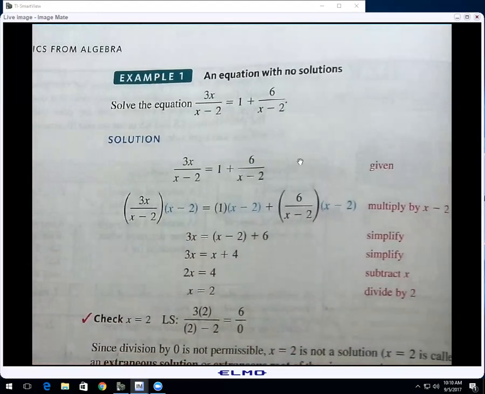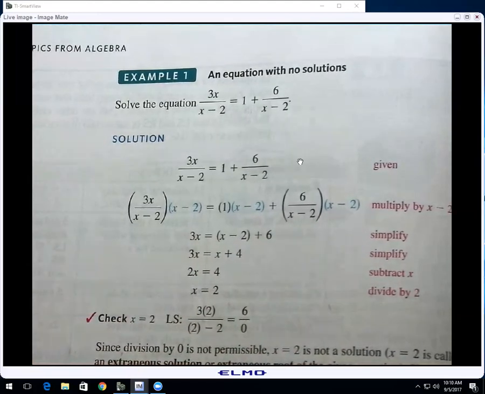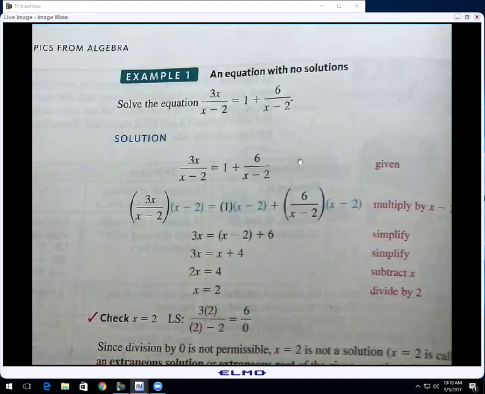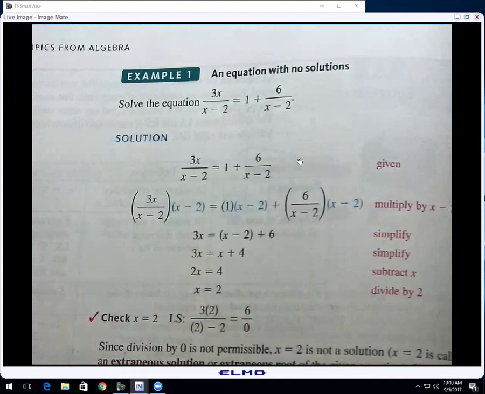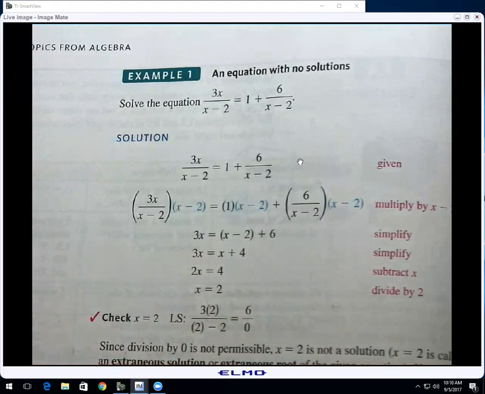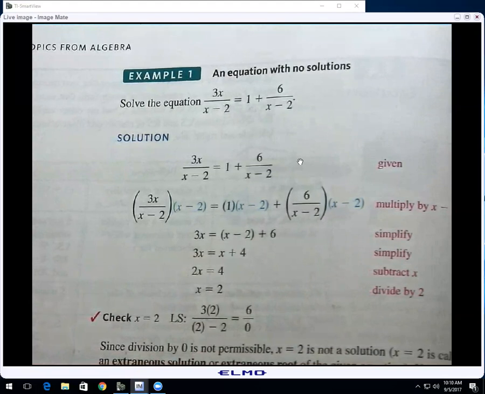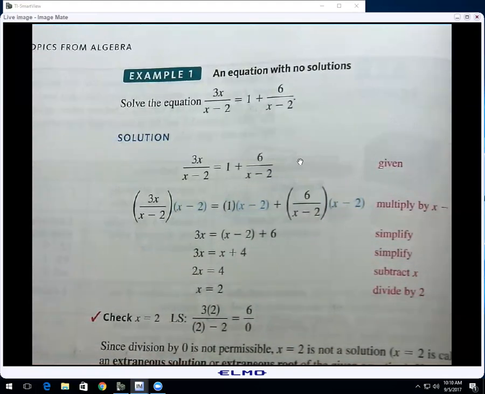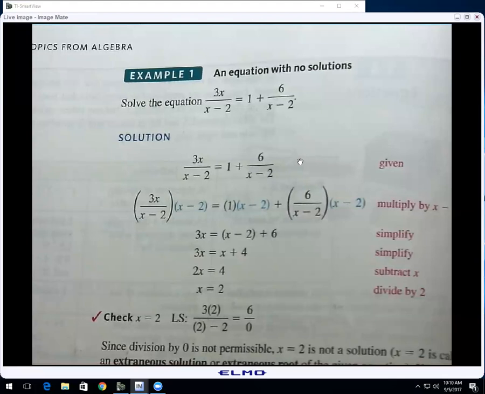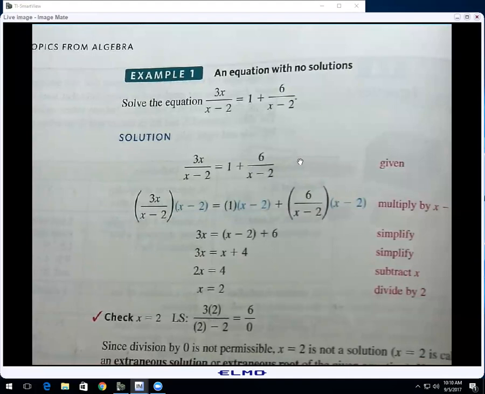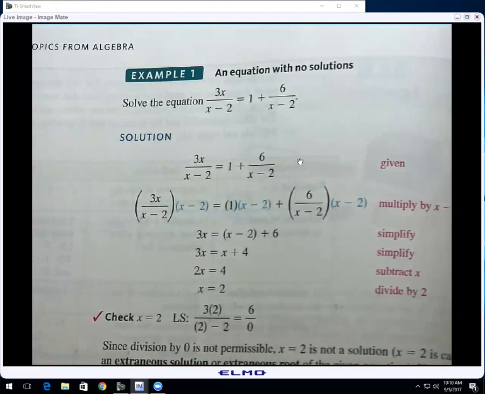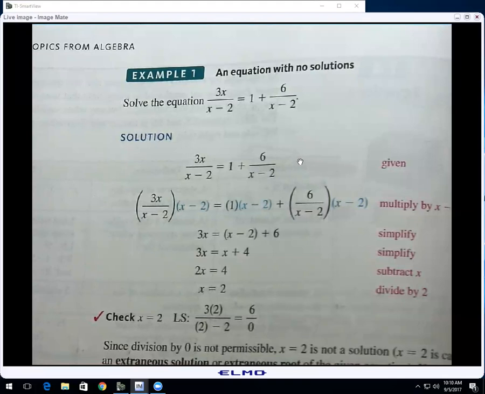There's another reason I wanted to show you example 1. Whenever you clear fractions out of an equation, there's a caution. There's something you have to check for at the very end. I solved and I solved and I solved, and I came up with x equals 2, and it's so tempting just to circle it and say, that's my answer, x equals 2. Why can x equals 2 not possibly be the solution to that equation?